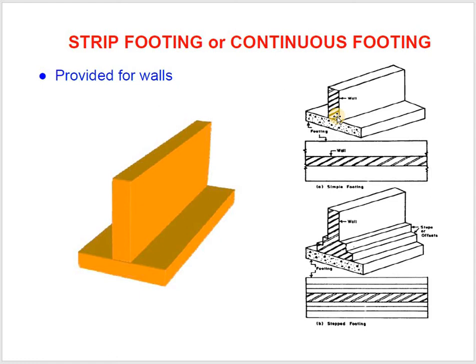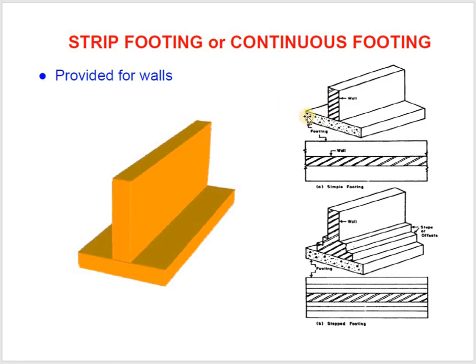So moving into detail, what is a strip footing? It is usually constructed for normal construction, small buildings and all. And obviously when the soil is reasonably good, that means the bearing capacity is considerably higher, and it is not that compressible a kind of soil, then definitely we can go for the continuous footing or the strip footing.